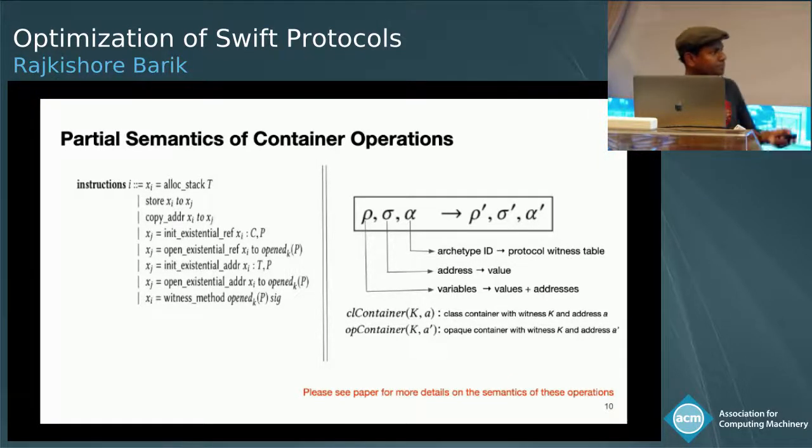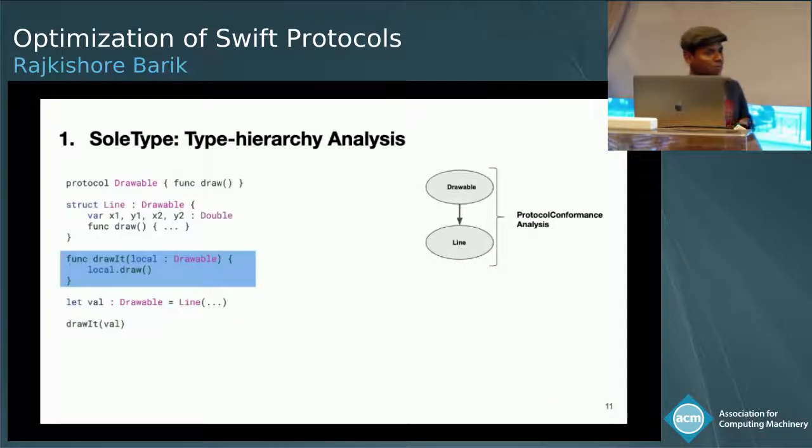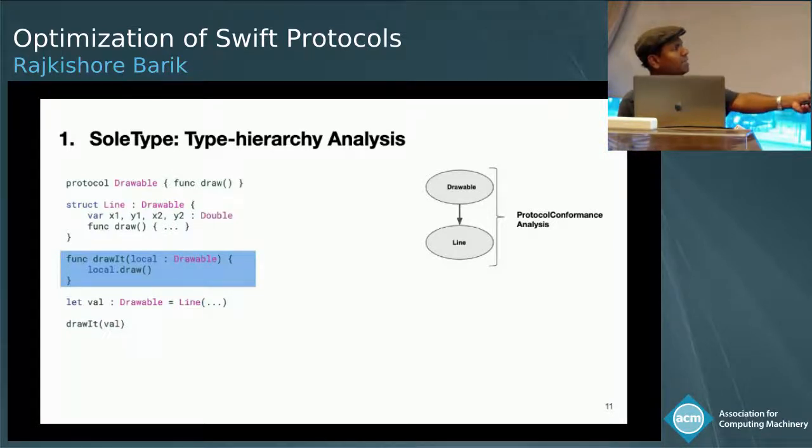Moving on, once we have the semantics of it, let's try to apply the sole type analysis, which I described as a type hierarchy analysis. In this example, we already walked over it. Let's say I have a local as an argument passed to the function draw it, and I call the draw function on it.